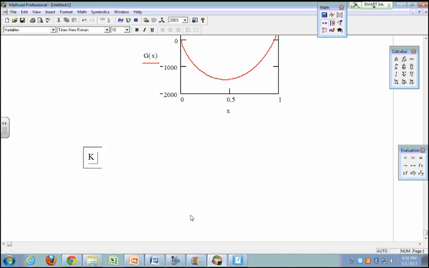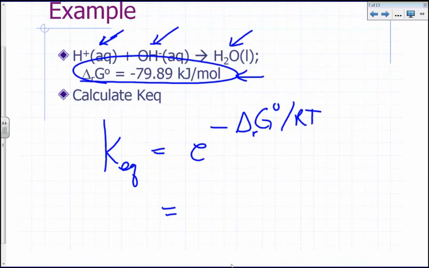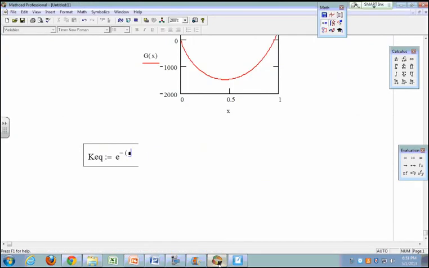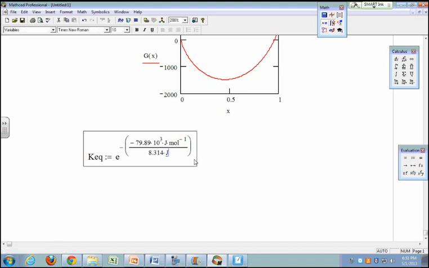KEQ equals e to the negative delta G naught over RT, where delta G naught is negative 79.89 kilojoules per mole, so negative of negative 79.89 times 10 to the third joules per mole, divided by R, which is 8.314 joules per Kelvin per mole, times our temperature of 298 Kelvin.